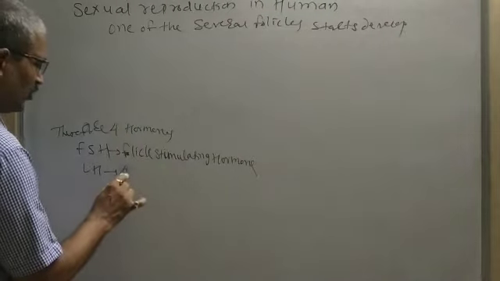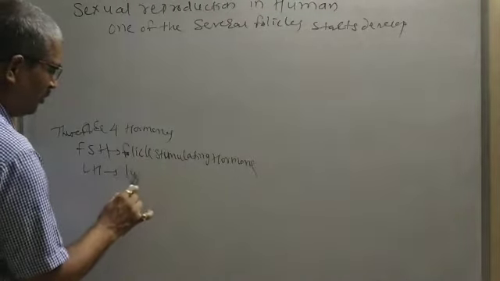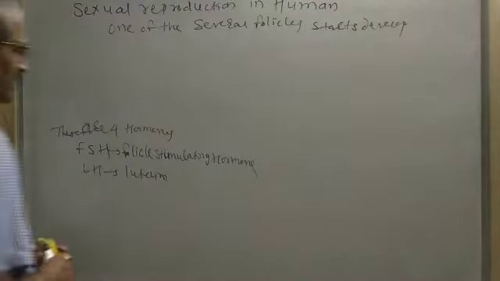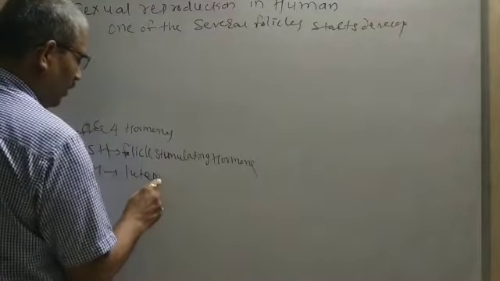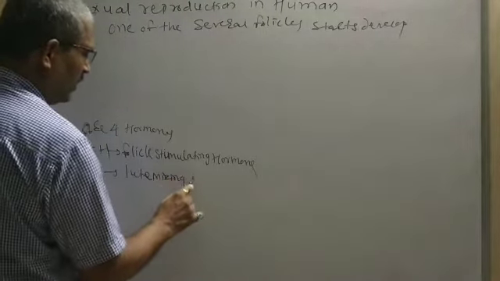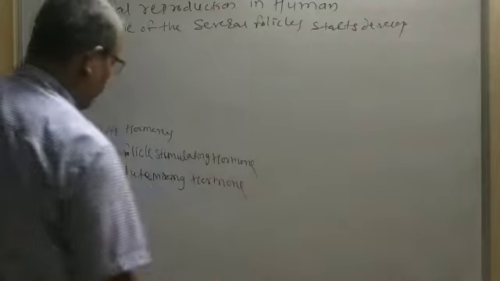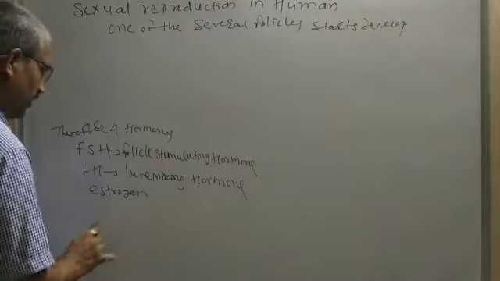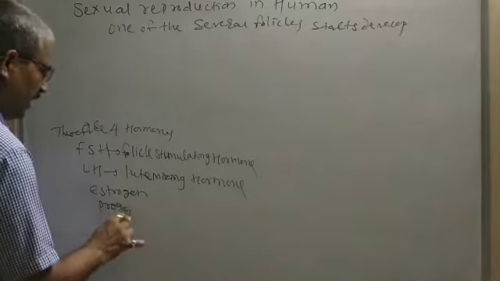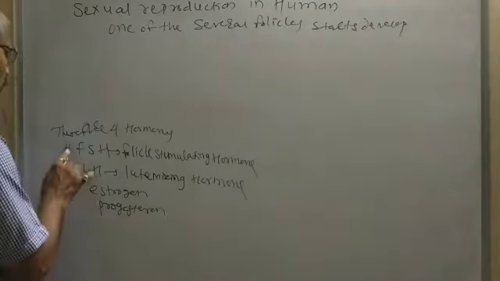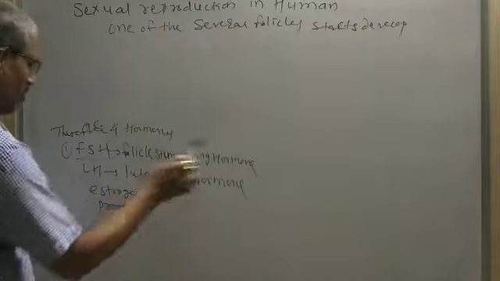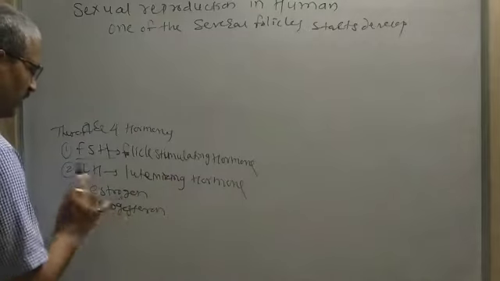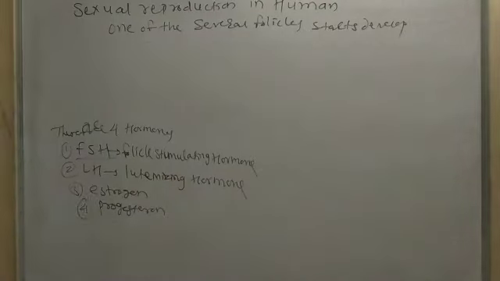Second one is LH. LH means luteinizing hormone. Next one is estrogen, and the last one is progesterone. So the first is FSH, follicle stimulating hormone; second, luteinizing hormone, that is LH; third is estrogen, and fourth is progesterone.